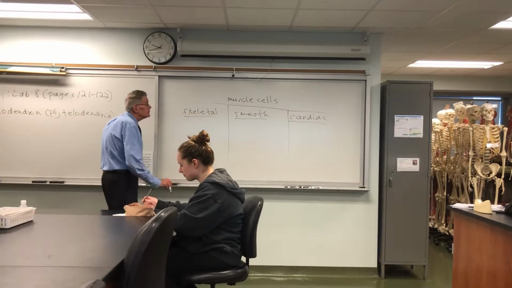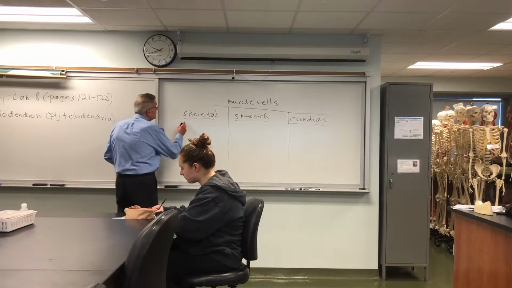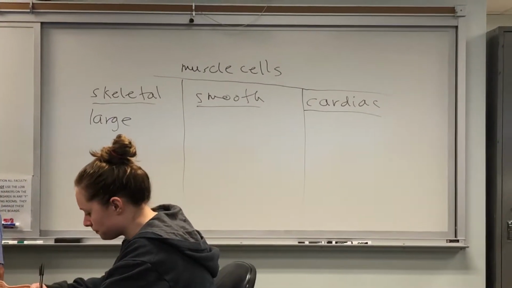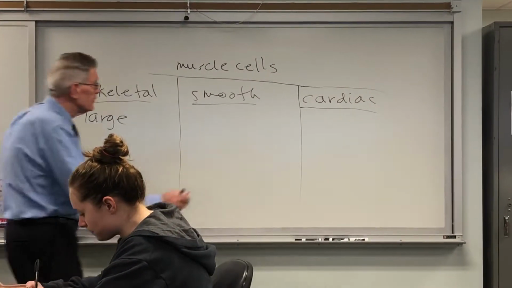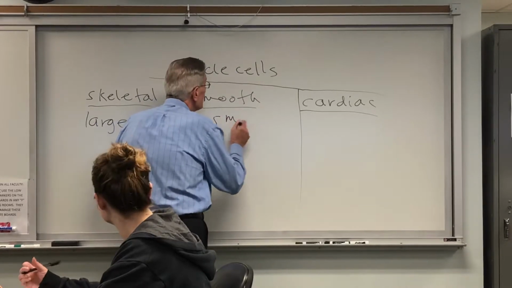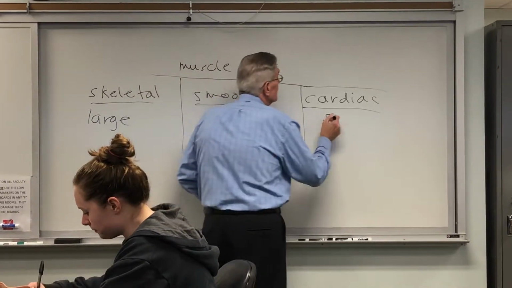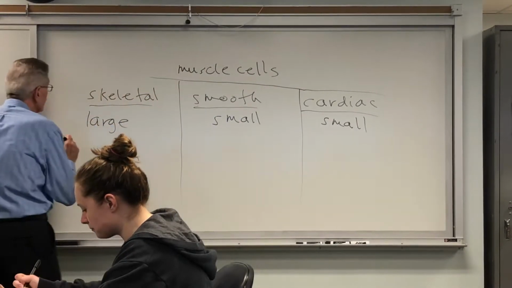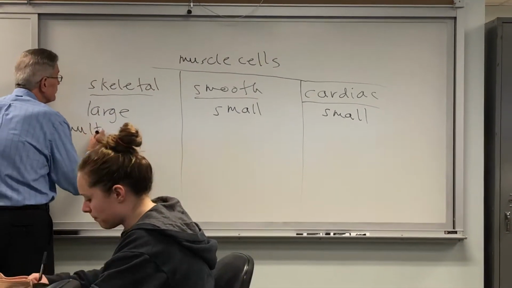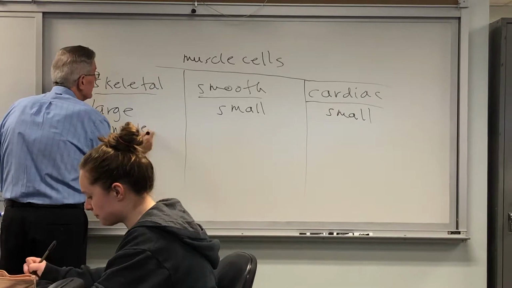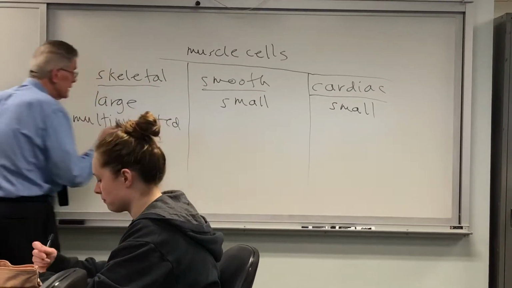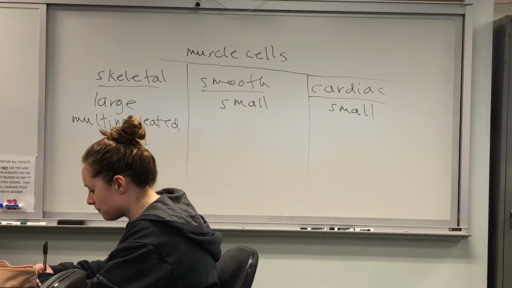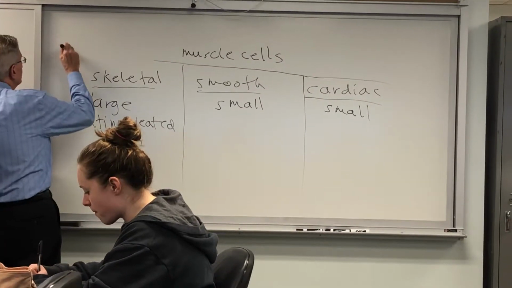So, comparing the cells, skeletal muscle cells are by far the largest of the three. We'll just say large, small, and small. And skeletal muscle cells are multinucleated, many nuclei in one skeletal muscle cell, or myofiber.